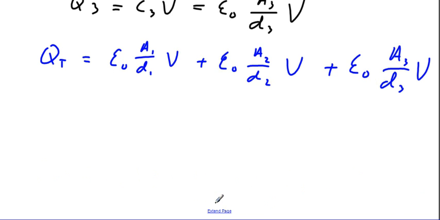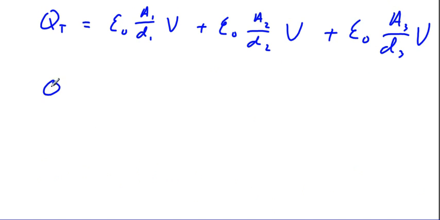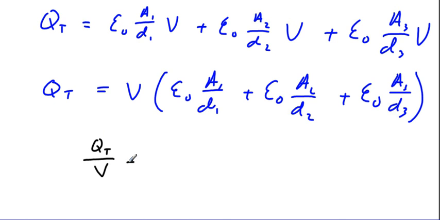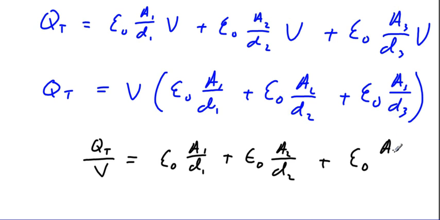Then I could bring the voltage out. Putting the voltage on the other side of the equation, Q total divided by V would be epsilon naught A1 over d1, plus epsilon naught A2 over d2, plus epsilon naught A3 over d3.